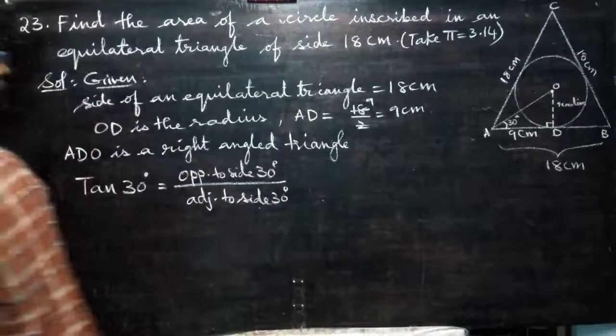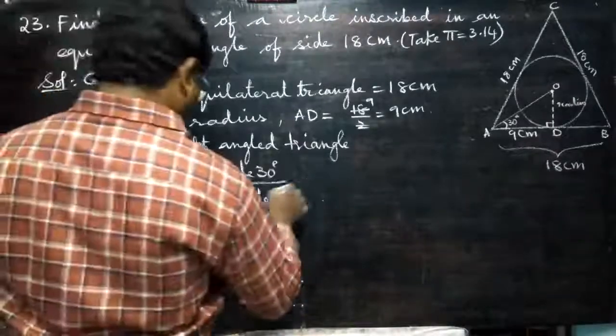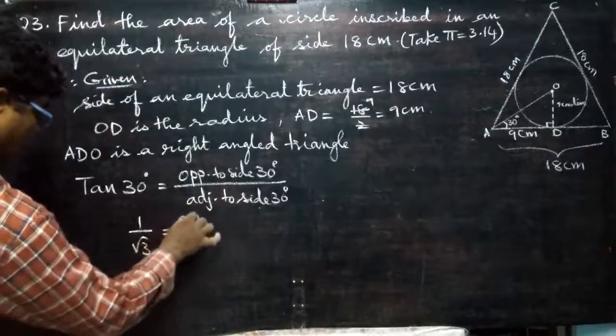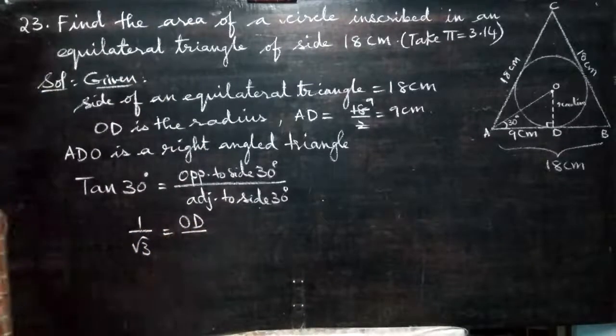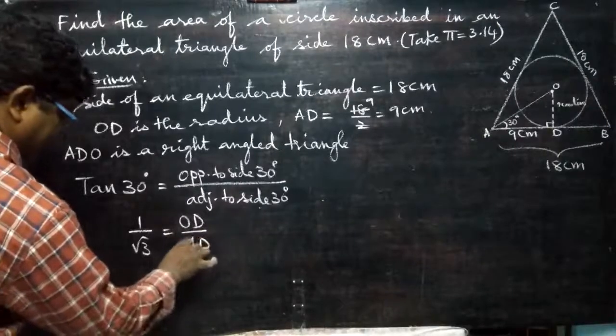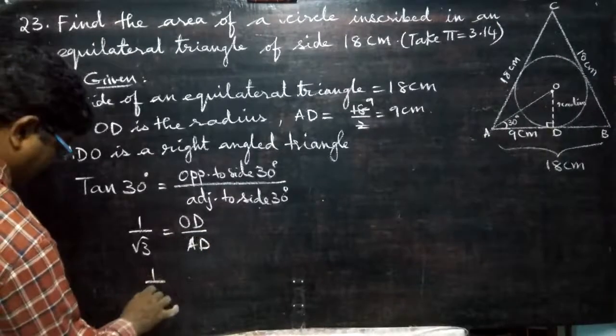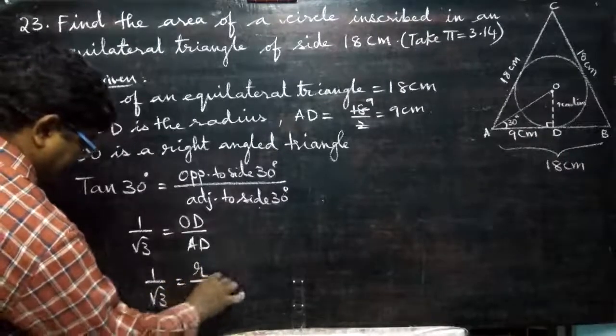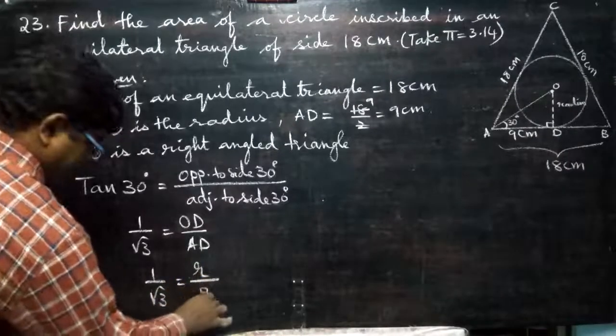So, what is the opposite side? Tan 30, 1 by root 3, is equal to OD, this is the radius, by AD. 1 by root 3 is equal to radius R by 9.